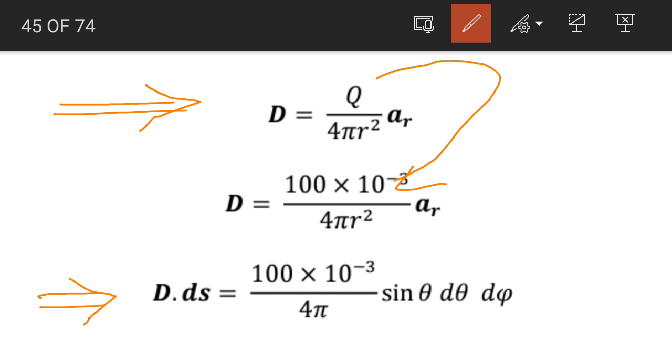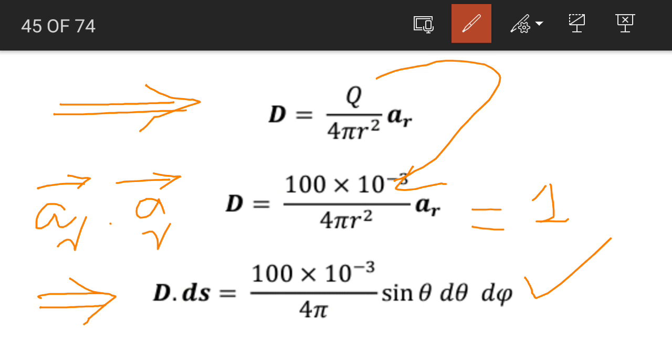These two vectors are in the same direction, so AR dot AR will be equal to 1. So the scalar product D dot dS will give you 100 into 10 raised to power minus 3 by 4 pi into sine theta d theta d phi.